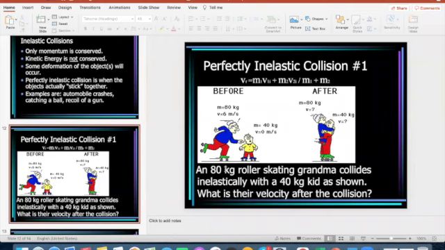This is the grandma. And she is going to inelastically collide with her 40-kilogram grandson here. He's at rest. So this is why she is able to catch up to him, pick him up, and continue skating, because that momentum is still there.